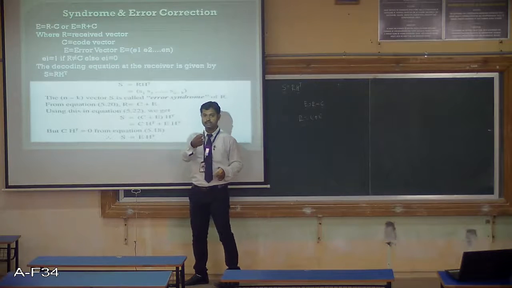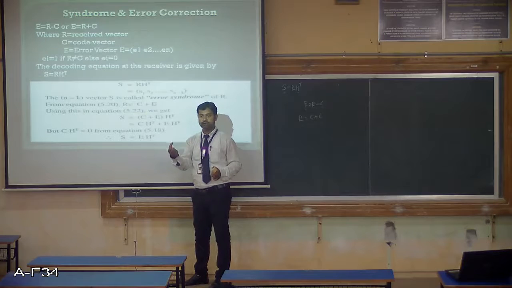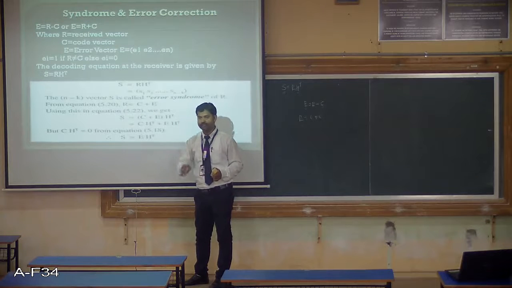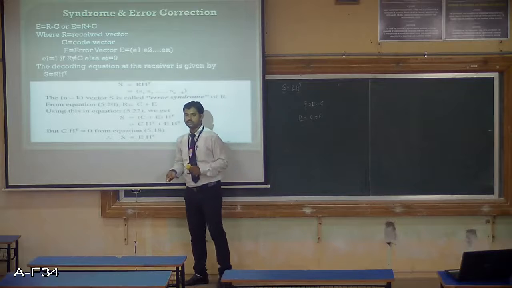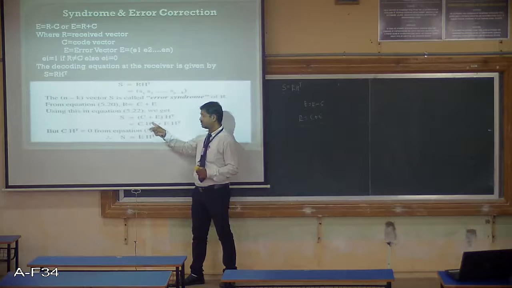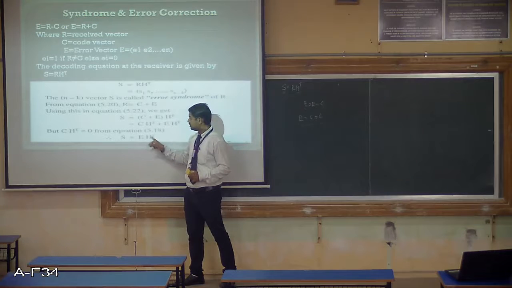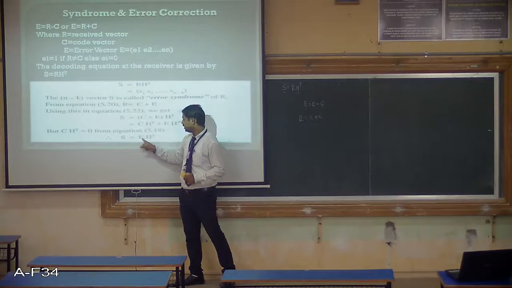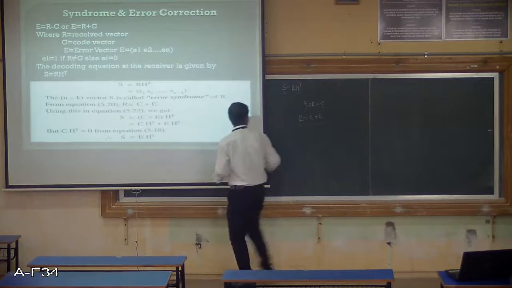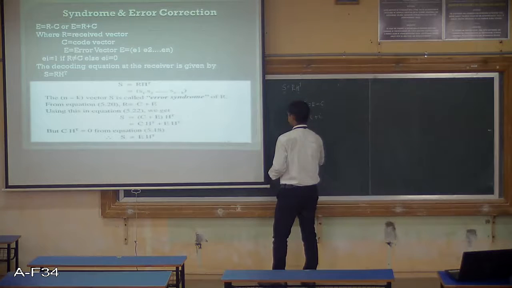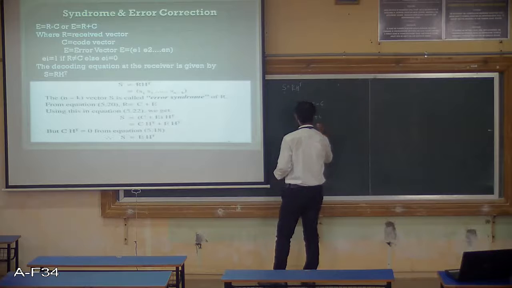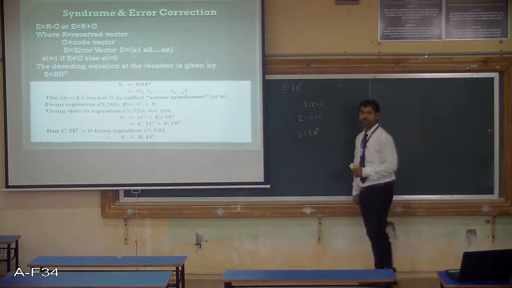If you take the C matrix and H transpose and multiply row into column, you always get 0. So that is the proof already made. So only E H transpose is left. So S is equal to E H transpose.